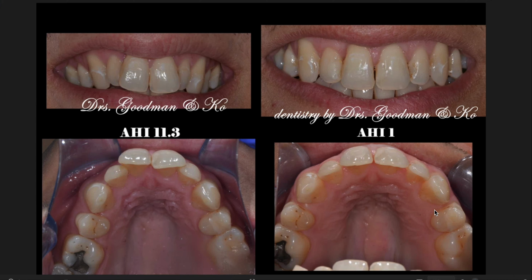Interestingly, for this particular patient, AHI is basically a number that we look at when people have a sleep study. It is how many times per hour they have apnea. So his data went from an AHI of 11 down to 1 after Vivos plus Invisalign treatment.